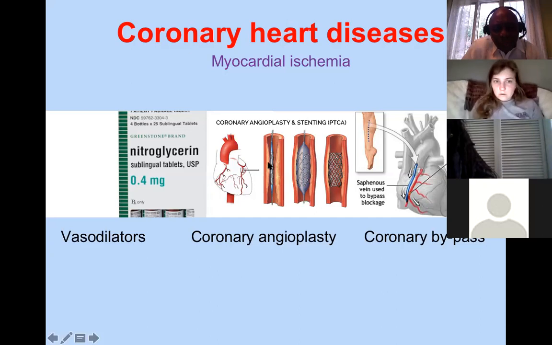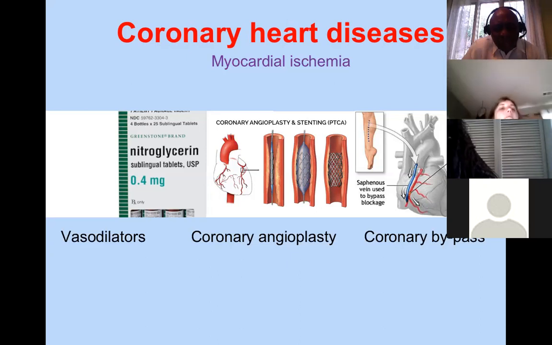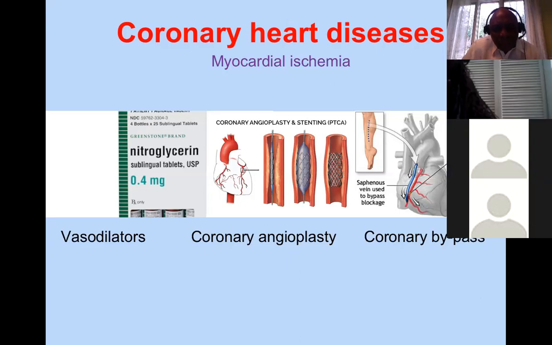And then you go to the site that has plaques, and you insert the stent, and you extend the stent, and you leave the stent in place. So the stent is expanding, stretching out the plaques so that they don't block or reduce the radius of the coronary blood vessels.